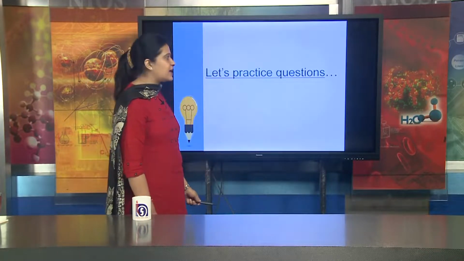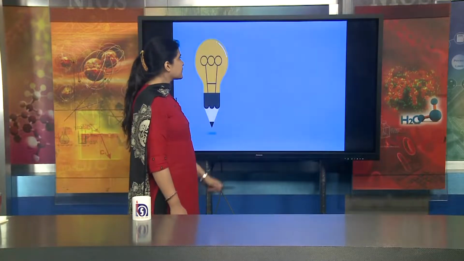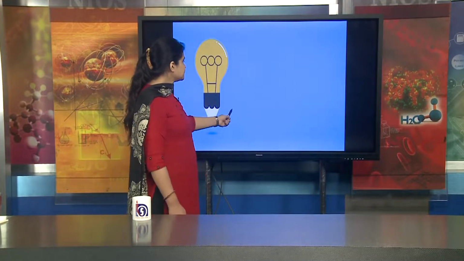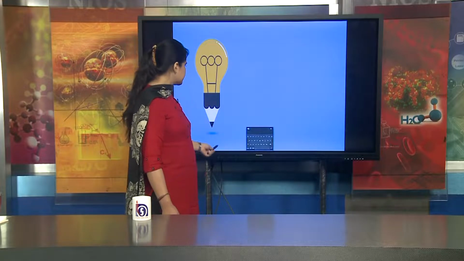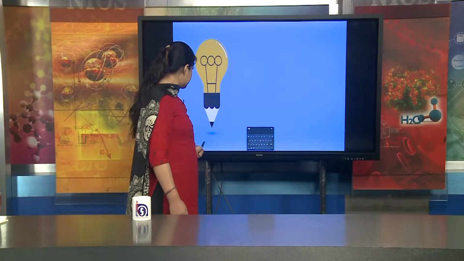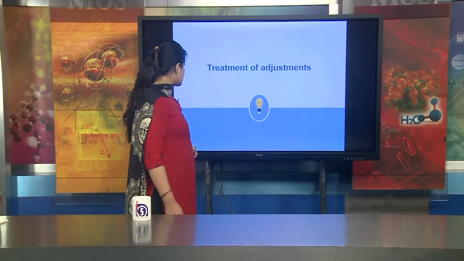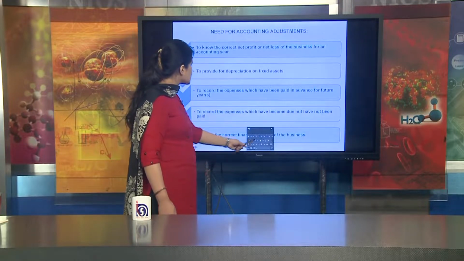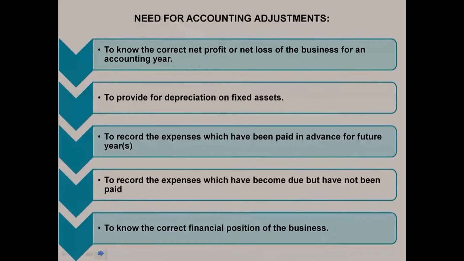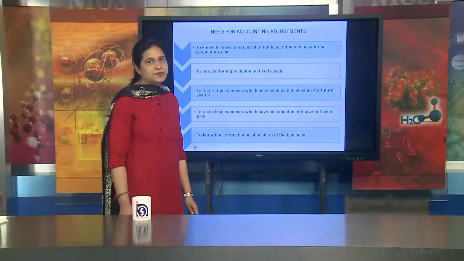So now let's see one question. We will try to solve one question here. First we need to understand that when we are doing financial statements, we also make some adjustments.